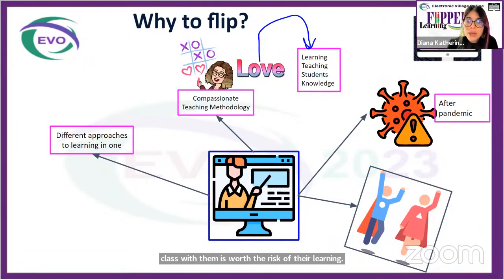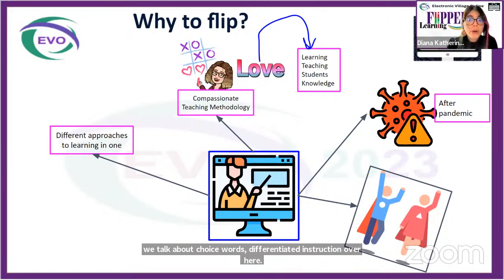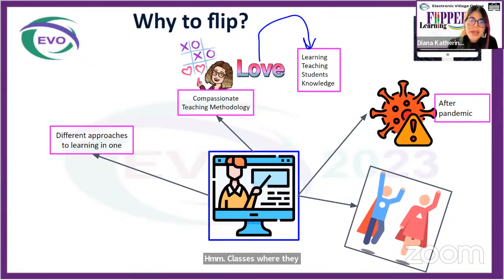This is the reason why we talk about creating learning cultures where they feel they can have a choice in the learning. So we talk about choice words, differentiated instruction, classes where they can work and collaborate with others, and feel that their voice is being heard.